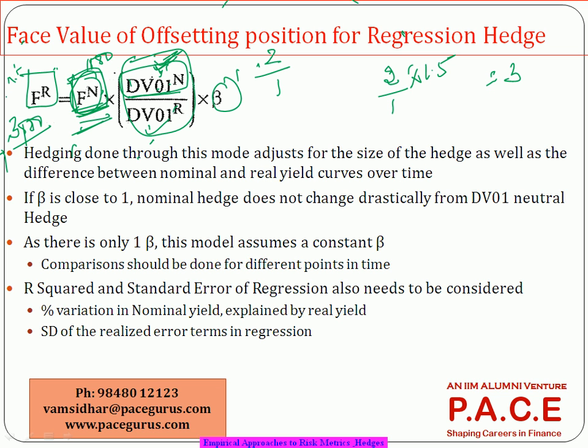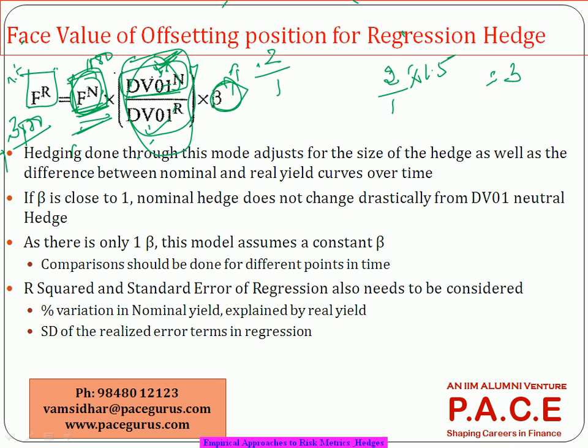So if at all I have to hedge a treasury bond with TIPS, I have to go with 3 times the number of security, 3 times the worth of the portfolio, because I am getting the DV01 as around 2 units and beta I have got as 1.5. So overall we are saying 3 times the face value of the nominal should be the face value of the real to offer a better hedging mechanism.